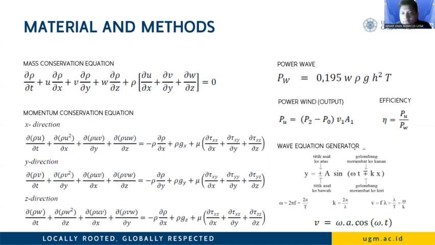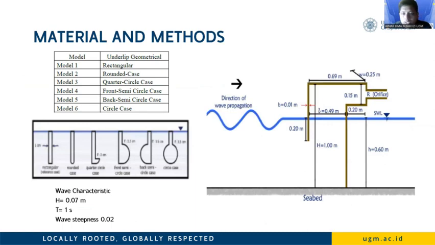For the variables used in the modification of the form, we have the conventional rectangular case, quarter circle case, front semicircle case, back semicircle case, and circle case, like in this slide. The wave characteristics for testing are a wave height of 0.07 meter, a peak period of 1 second, and a steepness of 0.02. The wave steepness is non-dimensional, like in this slide.